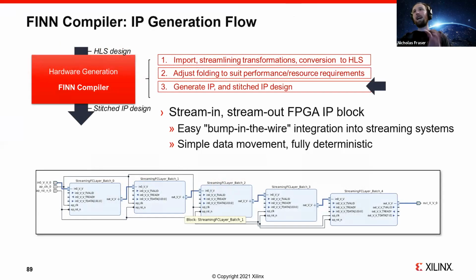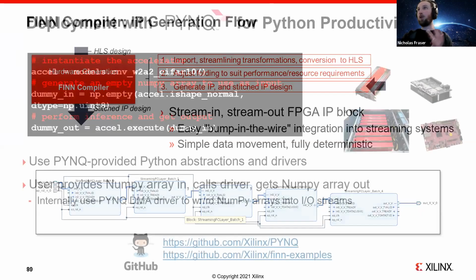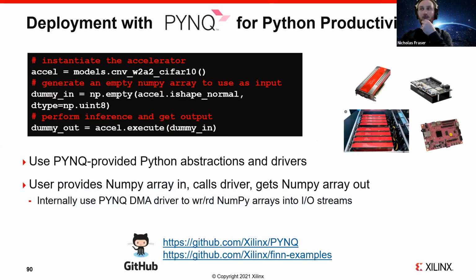And what you get out is basically this stitched IP that has AXI stream interfaces that you can drop into your existing block design pipeline or into a larger product. You can also generate Python drivers for PYNQ, right? Which is quite easy to use. I'm not sure if you're familiar with PYNQ. This is great work done by some of our colleagues in the research labs and in the Xilinx University Program to allow FPGAs to be accessed more easily from Python.